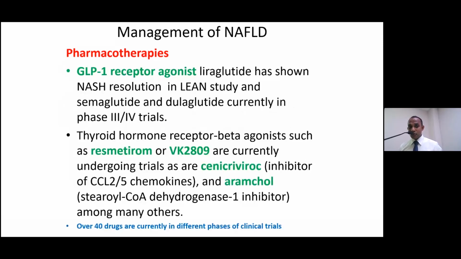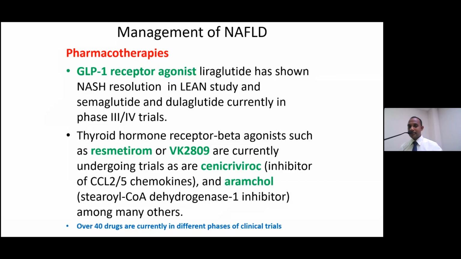And there are so many other drugs which are being used for other purposes that have been tested for this. One such thing is GLP-1 receptor agonist, what we commonly know as liraglutide. There are 2 trials going on with semaglutide and dulaglutide, which are currently in phase 3 and phase 4 trials as a treatment option in non-alcoholic fatty liver disease.